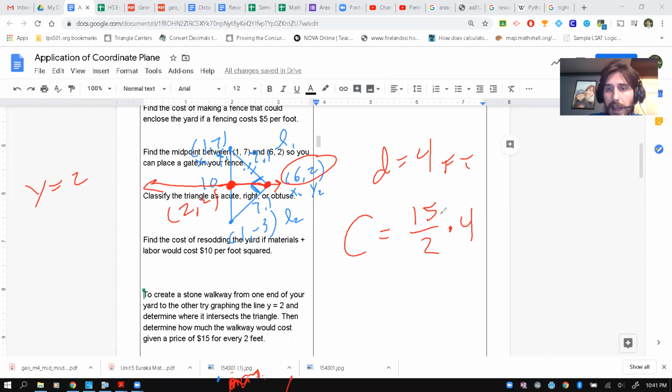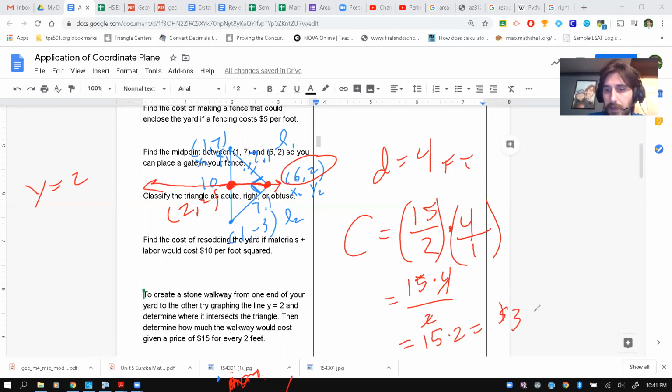You could just type that into your calculator if you're really nervous about fractions, but this is a fraction that you should be able to do hopefully without a calculator. If you really want to go through all the work, you could turn this into 15 times 4 over 2, and notice here that I could just divide the 4 by 2 and get that this is going to cost me $30 to put in the stone walkway.